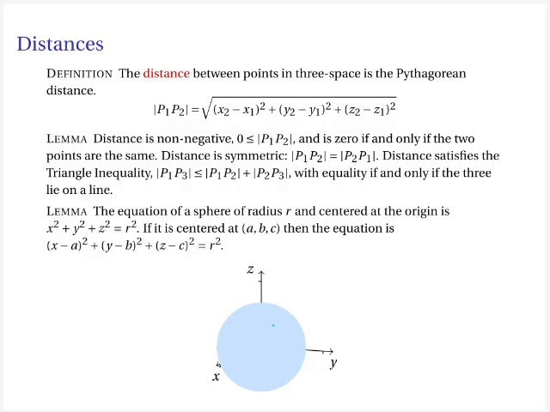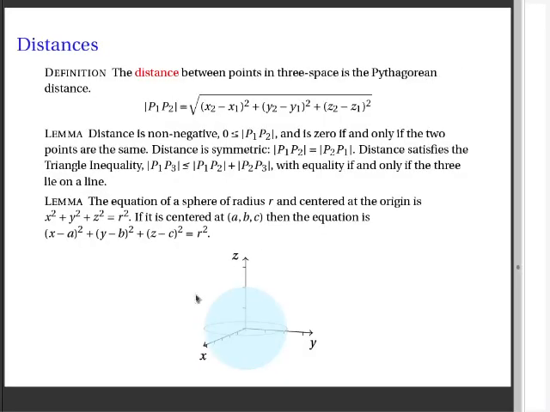So we can do things like, instead of a circle, we could talk about a sphere, and I'll go to 3D, just because I want to illustrate a couple of 3D things here. So this is a sphere, regular sphere, and it is characterized by the fact that every point on the sphere is the same distance from the origin as every other point on the sphere. So the square root of x squared plus y squared plus z squared is equal to r.